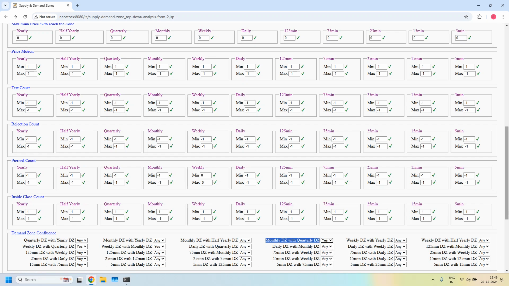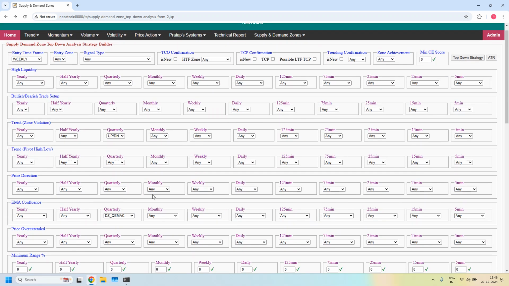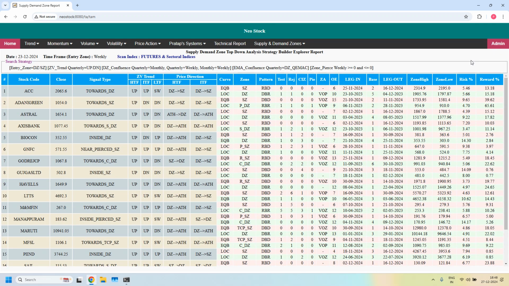With all the three filters, and the quarterly zone is having quarterly EMA confluence, that filter we set, and trend should be either up or down, quarterly trend. Now also we got a good list. The first 15 stocks in the list. I'm scrolling the list down.